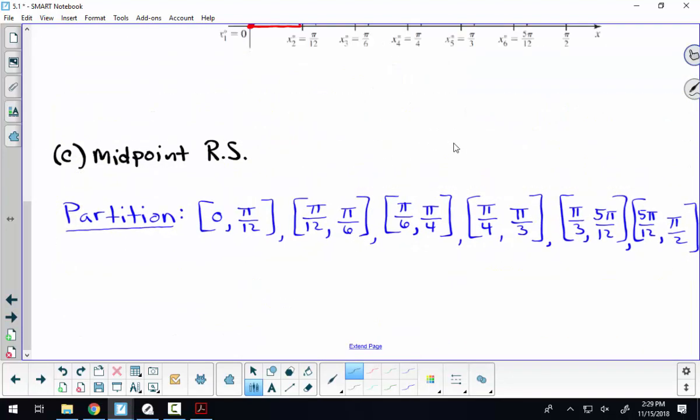And so now we're just going to determine the midpoint of each. So the midpoint between 0 and pi over 12 is what? Yeah, pi over 24. And between pi over 12 and pi over 6, pi over 8.